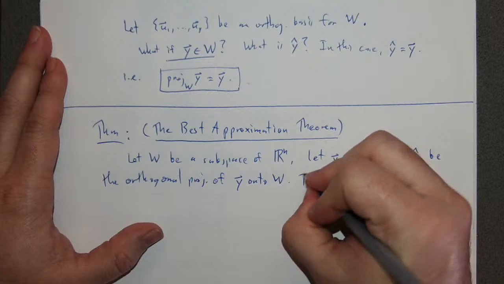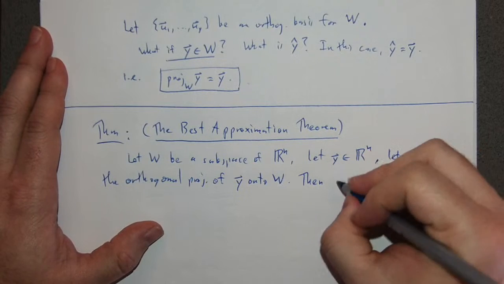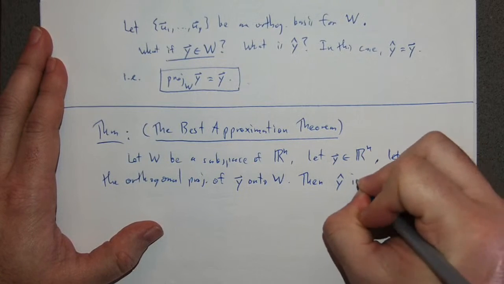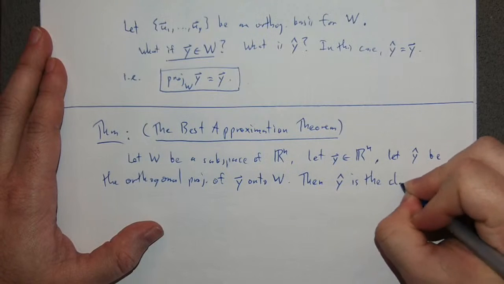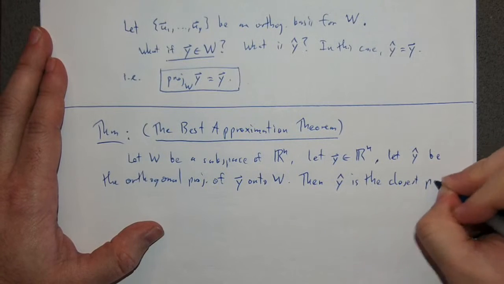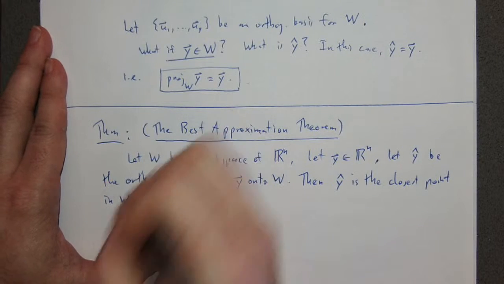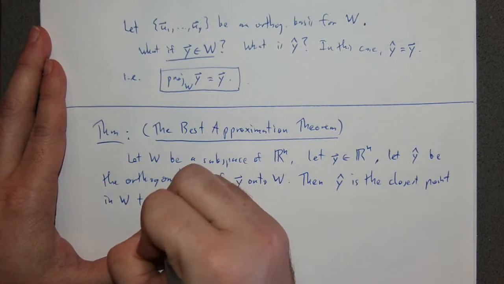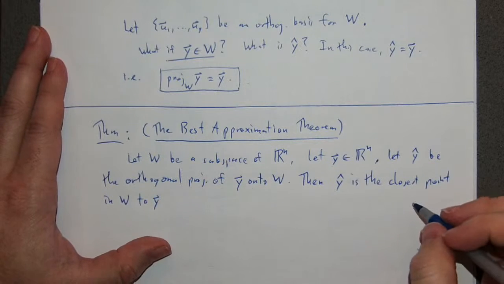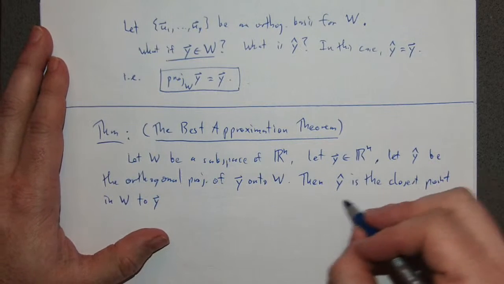Then, here's the important thing. y hat is the closest point in W to y. Closest point or closest vector, right? Vectors are points and points are vectors.